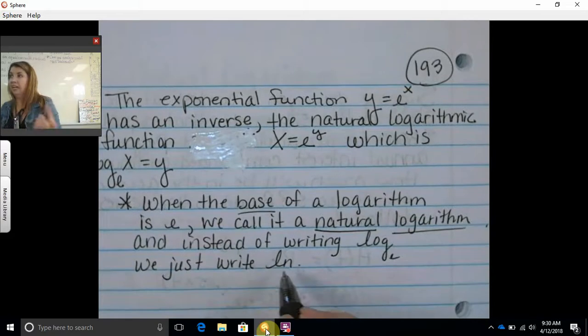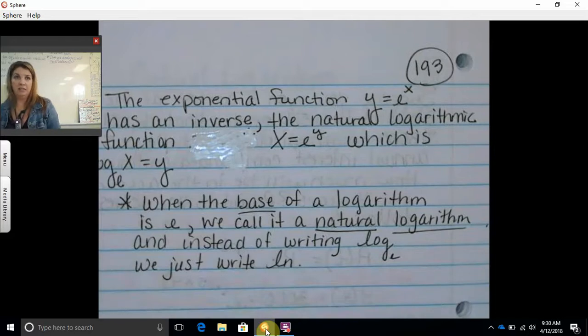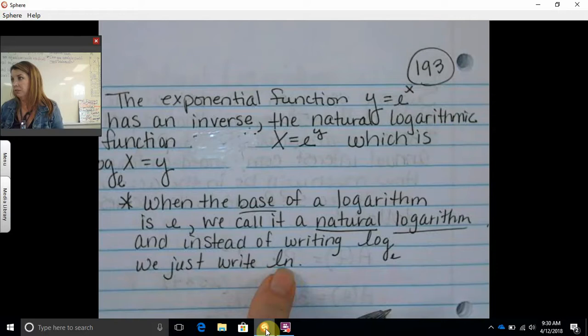So when you see ln, like we just saw on the calculator, that means log base e. But instead of writing log base e, you just write ln. That means natural log.